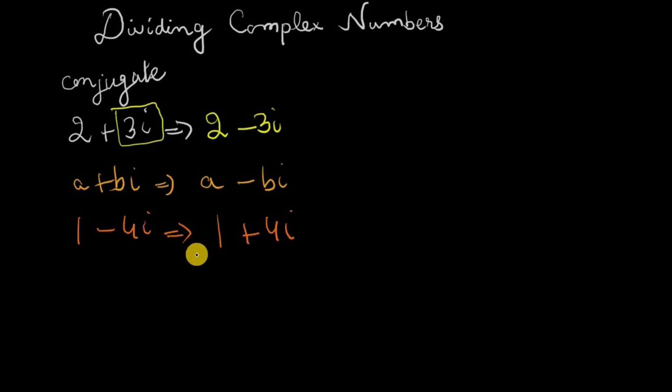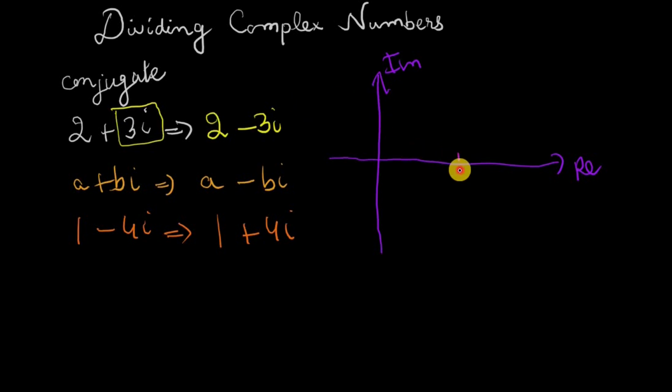Again, very simple idea. And if you want to see what it looks like visually, let me draw it for you. Let's draw an imaginary axis and a real axis. If I had the complex number a plus bi, this would be my actual complex number.